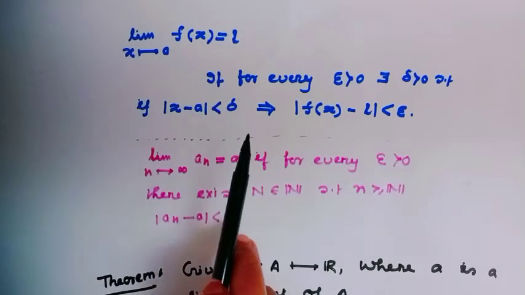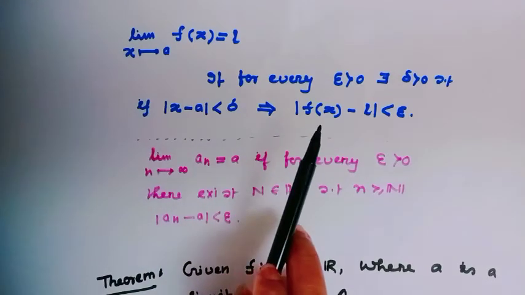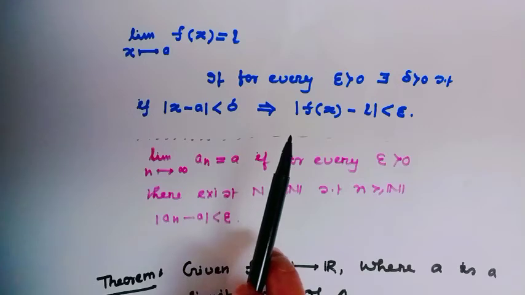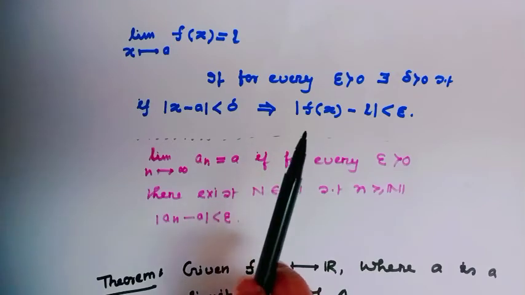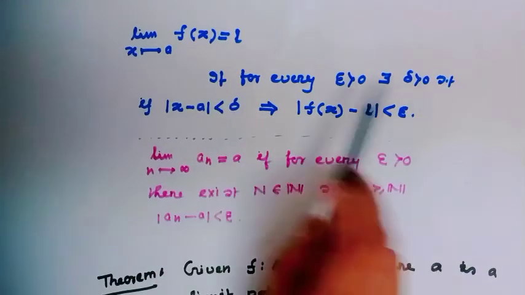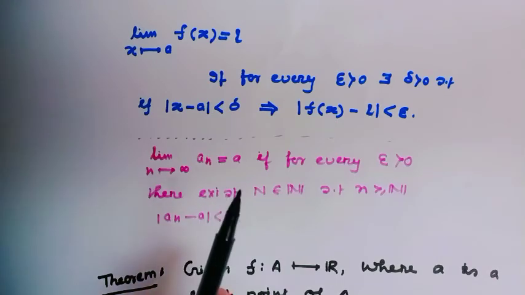Alright. Another method to check continuity is the sequential criterion. Why the sequential criterion? What is the connection between continuity of a function and sequences? This is very interesting. We all know this is the definition of continuity. And we also know the definition of a convergent sequence.